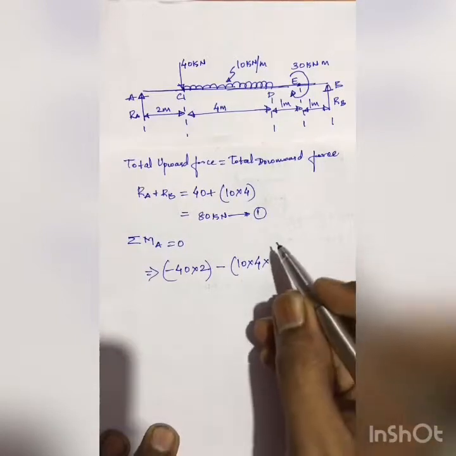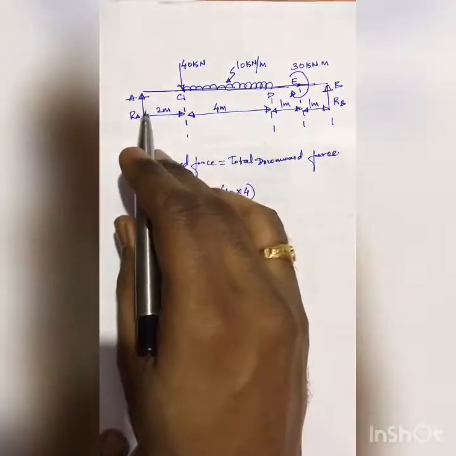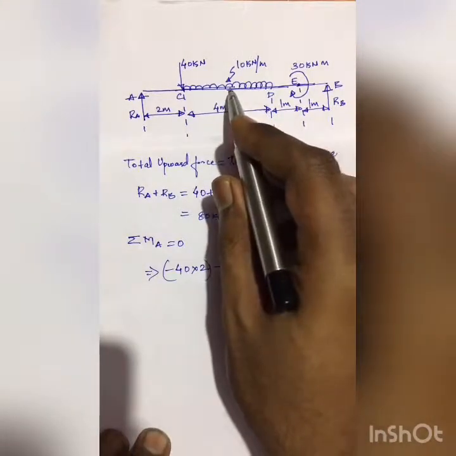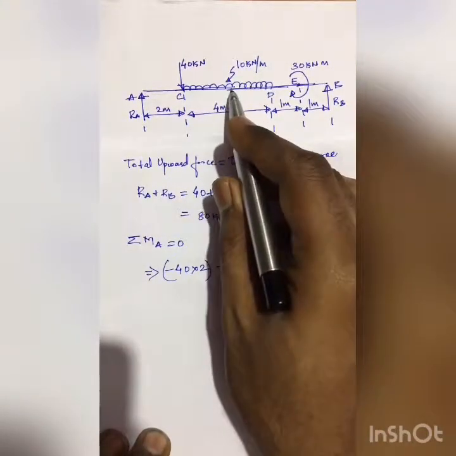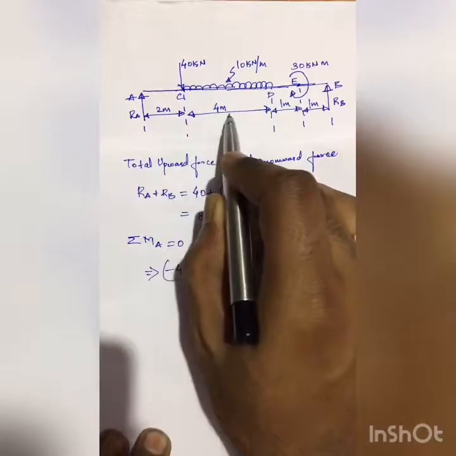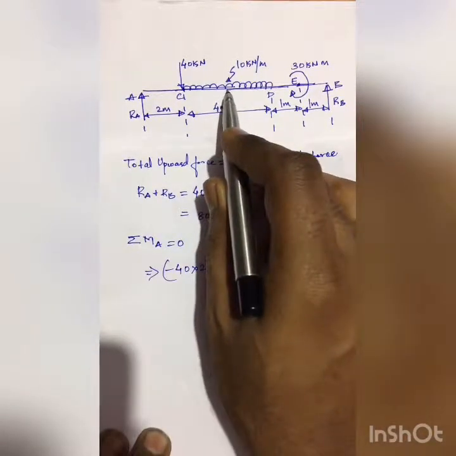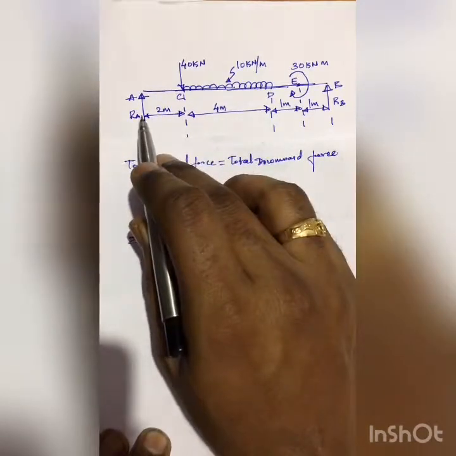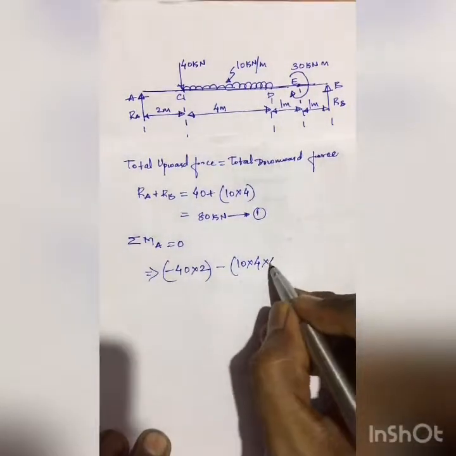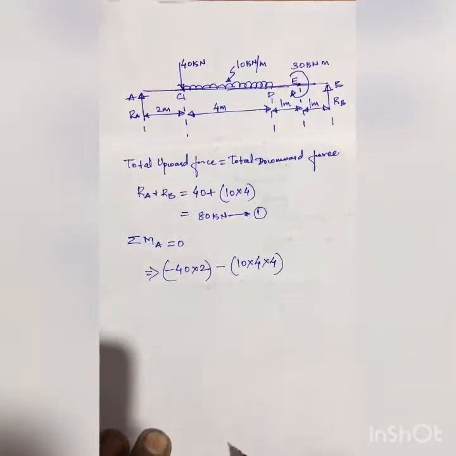Next, I multiply it by the distance from A. The equivalent load of the UDL lies exactly at the midpoint of the UDL, 2 meters from here, so the distance from point A is 2 plus 2, that is 4 meters.